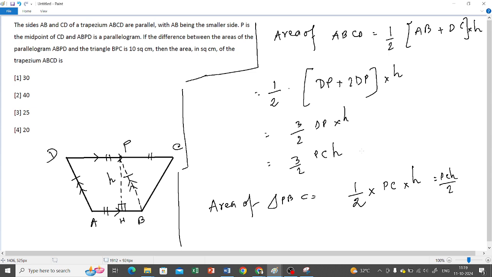Now area of ABPD: area of a parallelogram is base into height, so h into AB. And what is AB? AB is DP. And what is DP? DP is also PC, so h into PC.